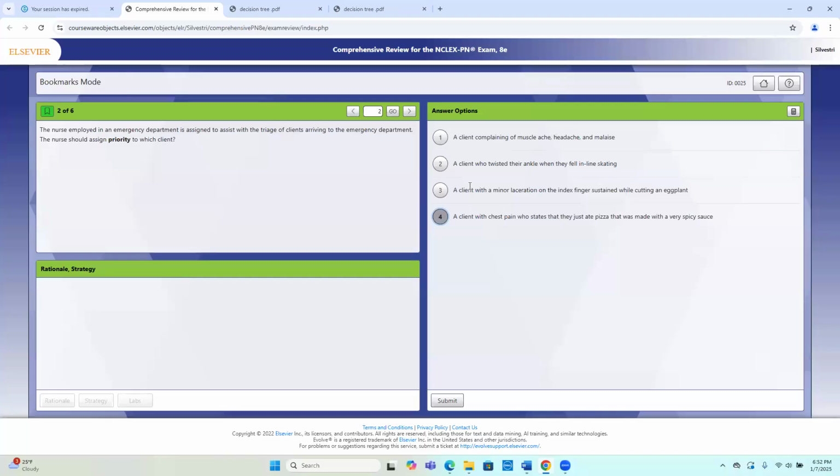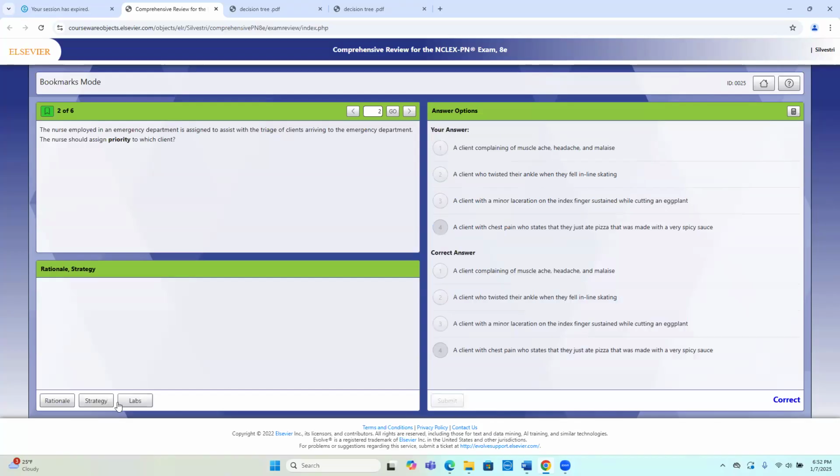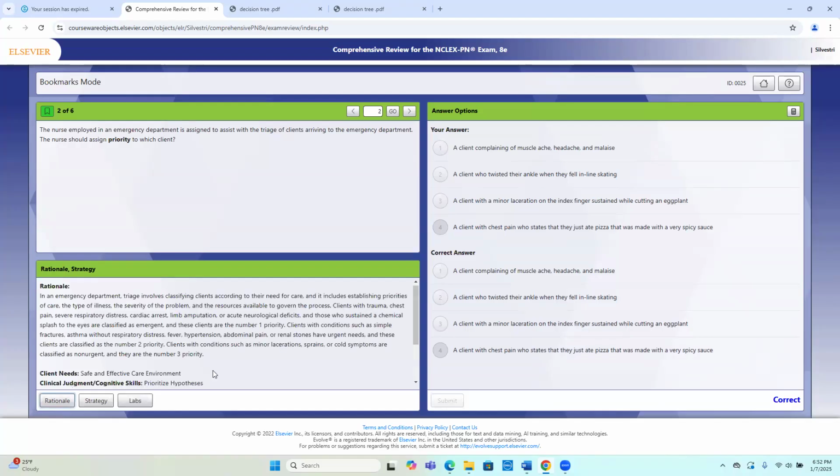These other people can wait until we see this gentleman with the chest pain, okay? And if we could only see one person and leave, who are we going to see? We're going to see the dude who said, I had some chest pain. I ate some spicy pizza. Okay. So when we're reading our rationale, we know that chest pain is going to come first. Okay.